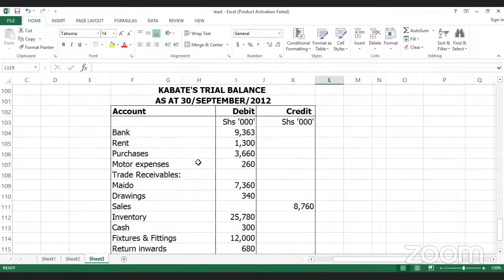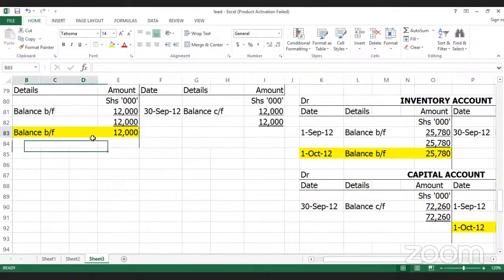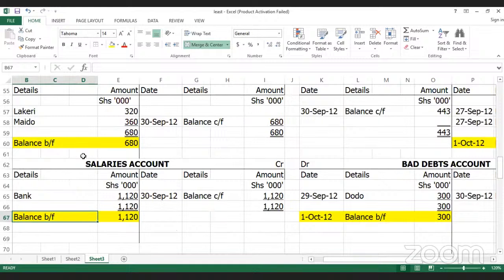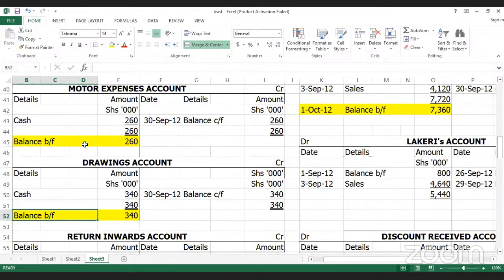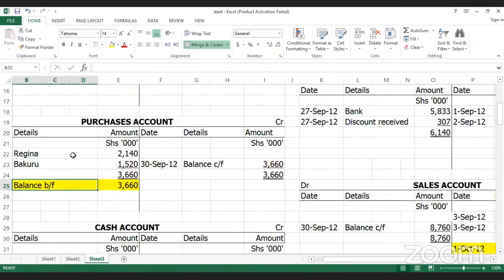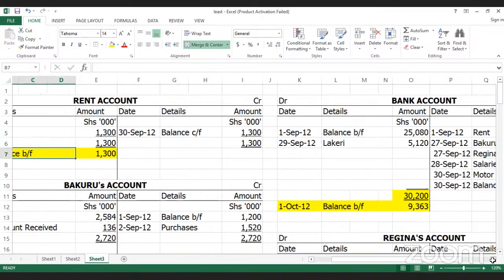Now, which balance are we interested in? The balances after balancing that account, the balances brought forward. These are debit balances, so you take them to the debit. Rent, debit balance of 1,300, bank, their balances brought forward.